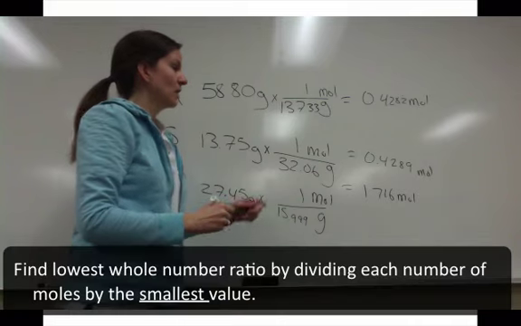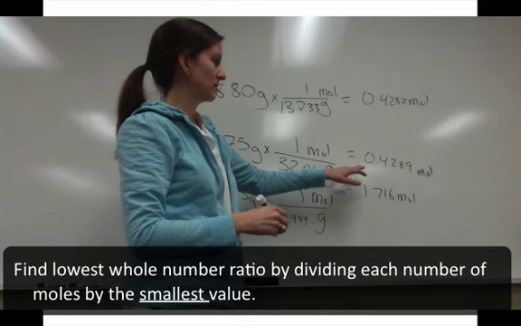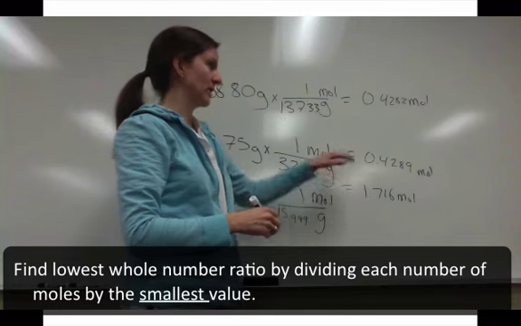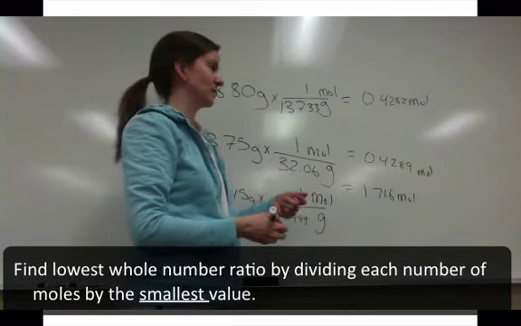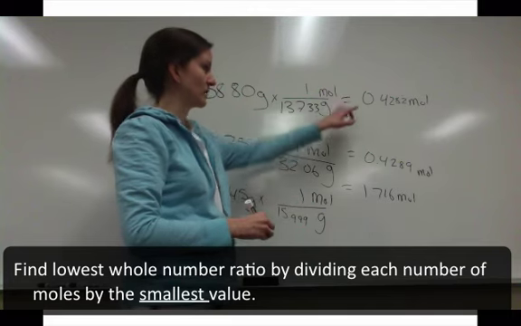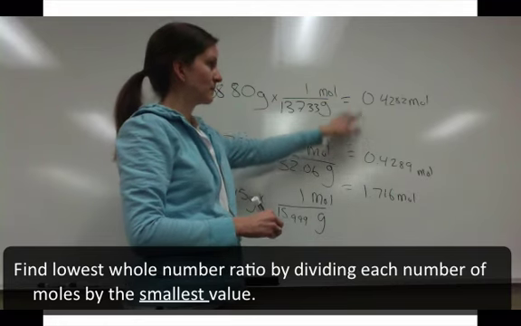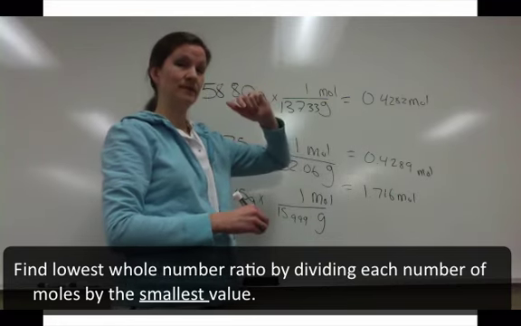Once I have a count, I said you divide by your lowest number. You take all of your big numbers and divide them by your lowest number. And that's just going to get me a relative proportion so that I know what my ratio is. So if I look at this, my lowest number is 0.4282. If I divide this number by this number, I get about 1.